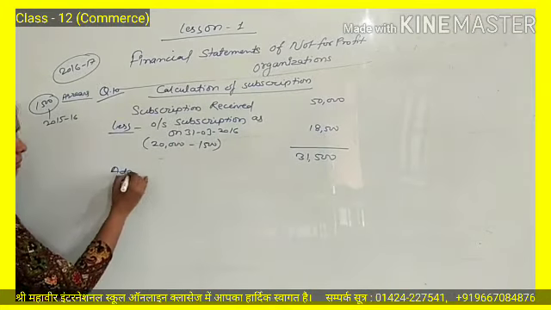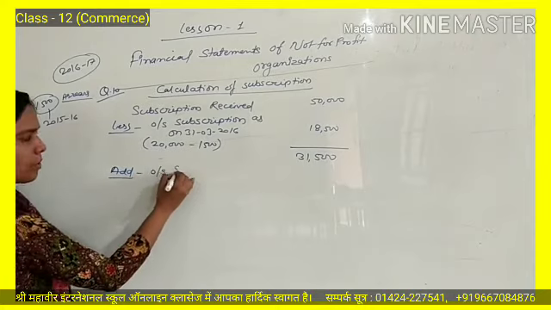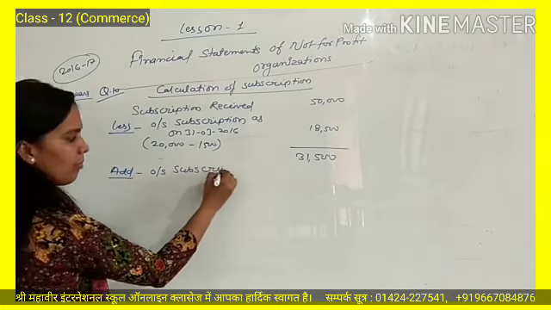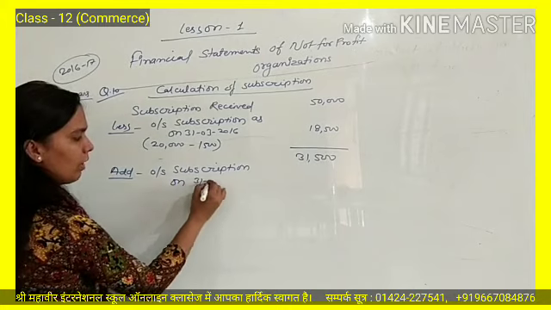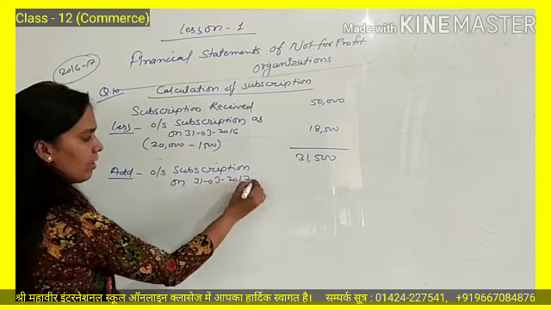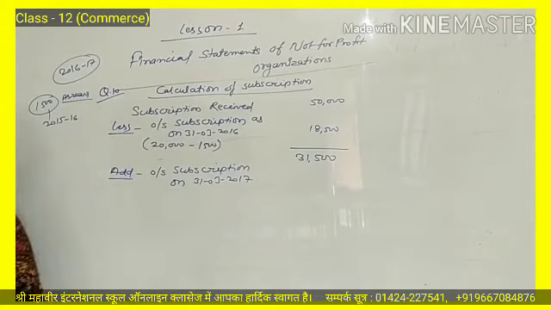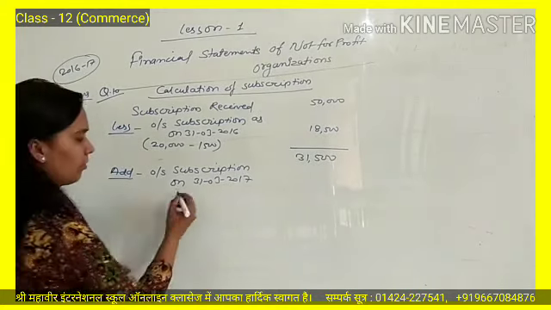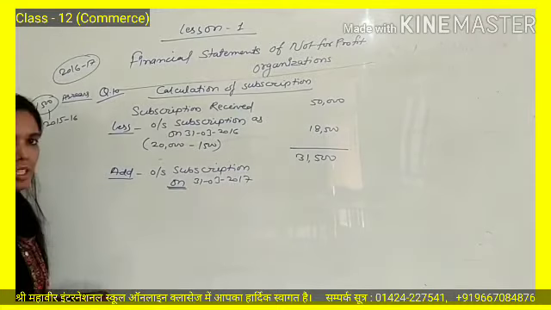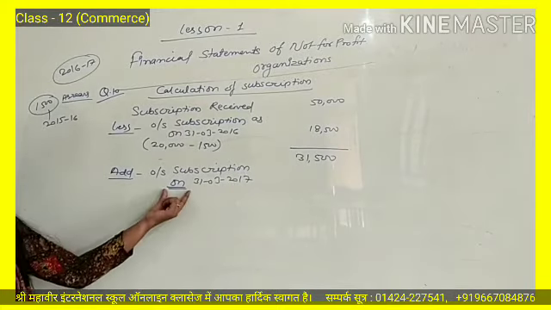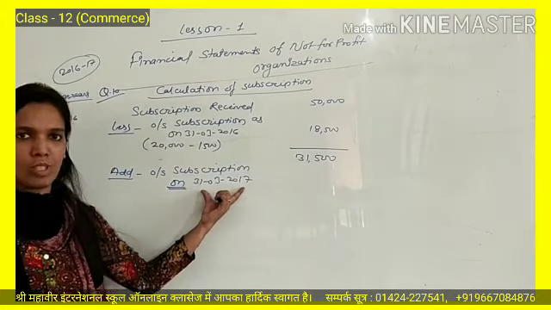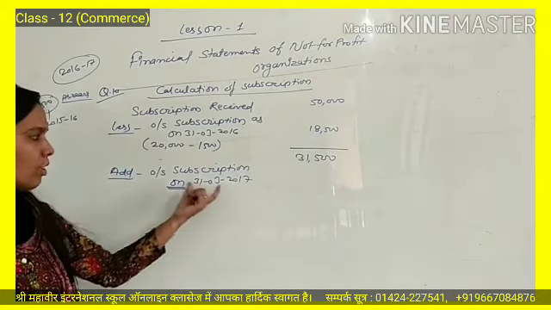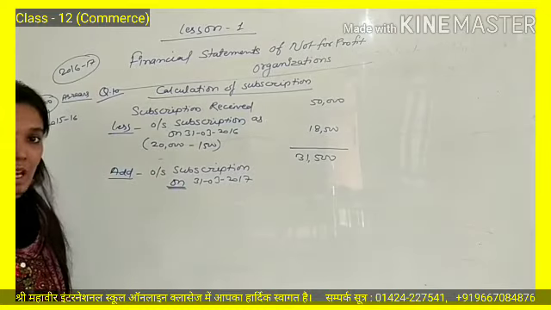Now add outstanding subscription on 31st March 2017. Outstanding subscription is 6,000 as on. Try to focus on this word "on". What is the meaning of this preposition here? That on 31st March 2017, you have a total outstanding of 6,000 rupees.